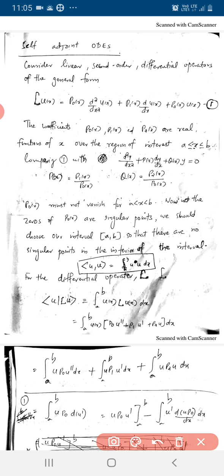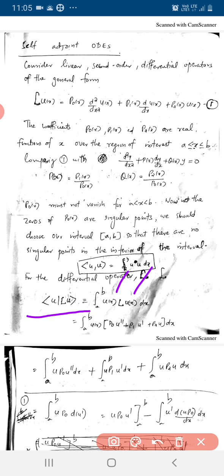Now, as we said earlier, suppose I am taking the inner product of u with Lu. So we have u, Lu is this.